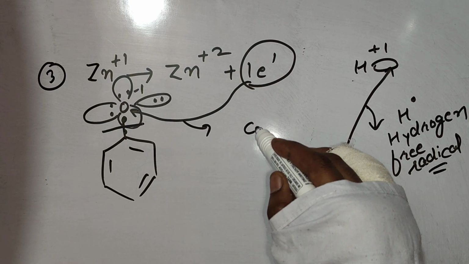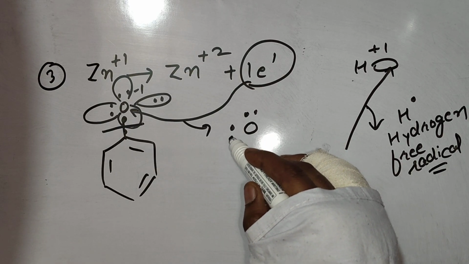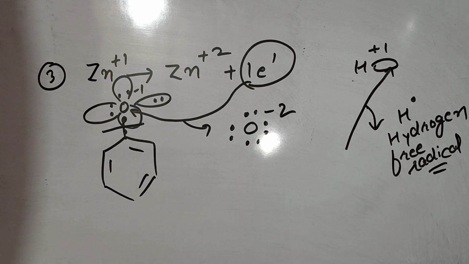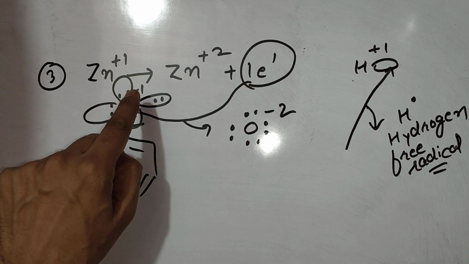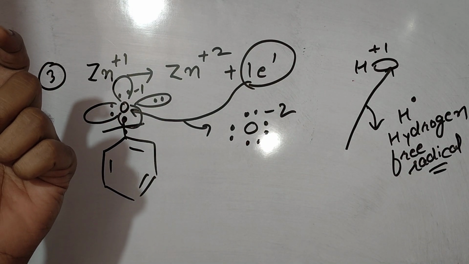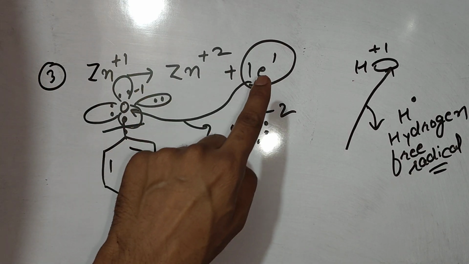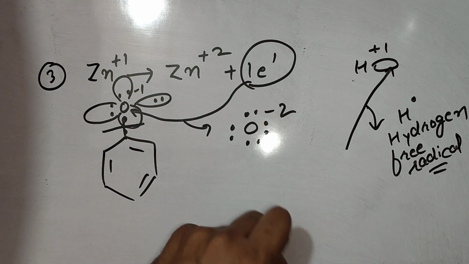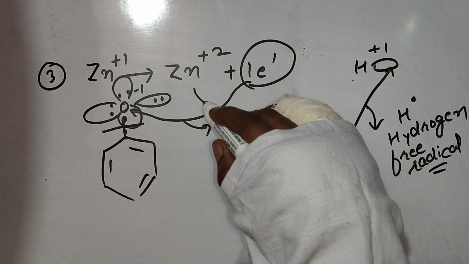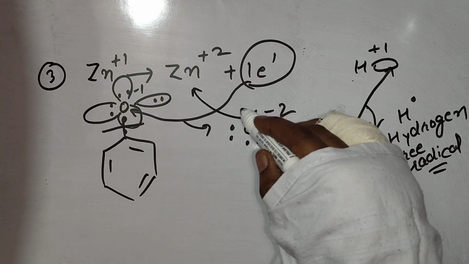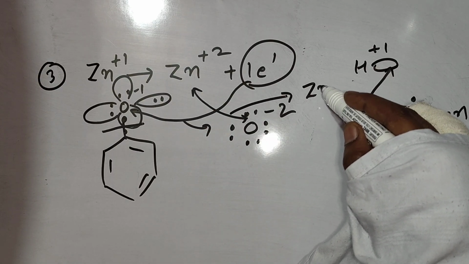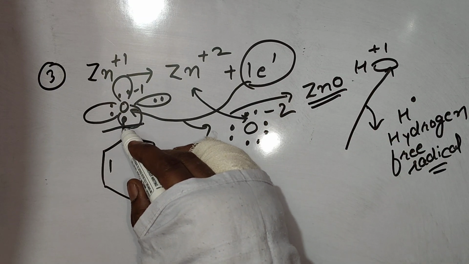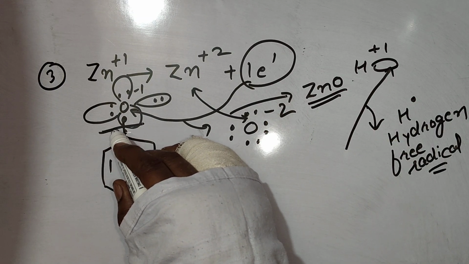Oxygen with 4 pairs and -2 charge will release out. Already it was carrying -1 charge because it got an electron from hydrogen, and the second electron it will get from zinc. 2 electrons are extra there, so it will become O-2. This oxide O-2 will be easily balanced by Zn plus 2. Zinc oxide, an ionic compound, will generate.